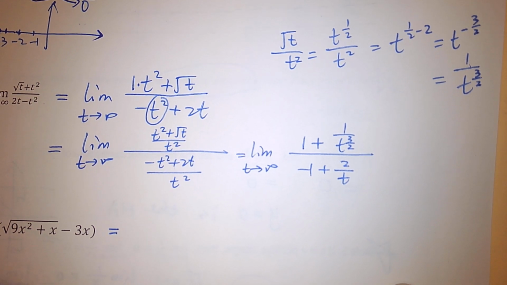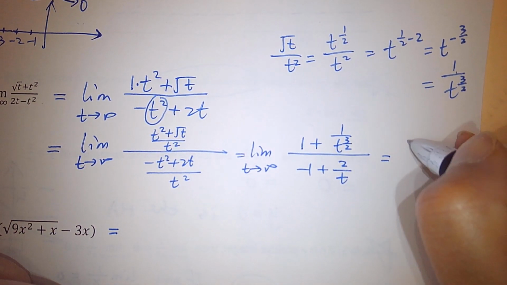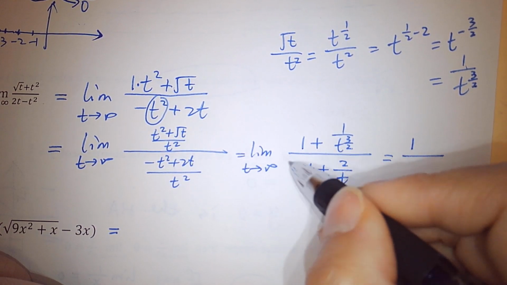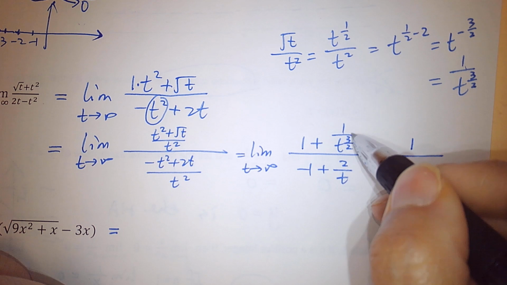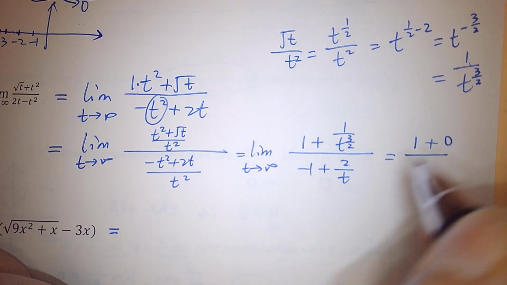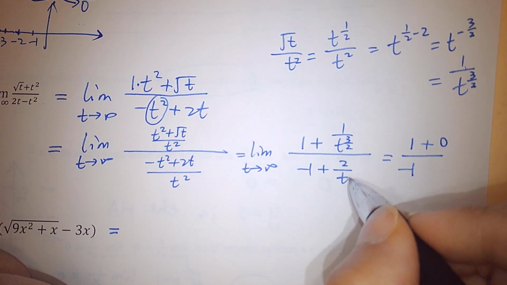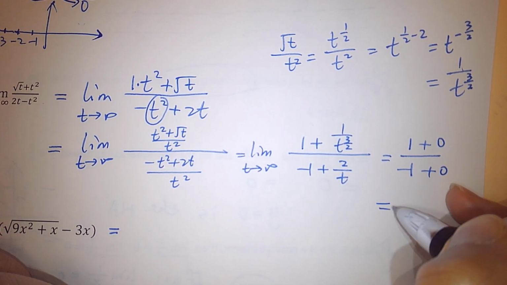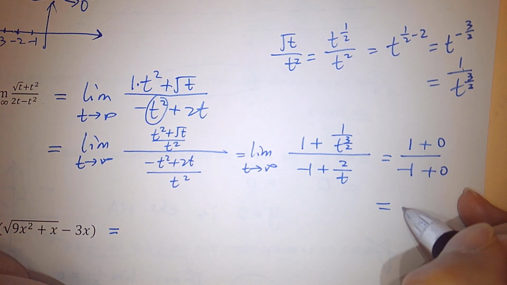Let's check the limit. The 1 is still 1. What is the limit when t approaches infinity? 1 over t to the 3 over 2 is 0. Negative 1. What's 2 over t when t goes to infinity? So eventually, what is 1 over negative 1?